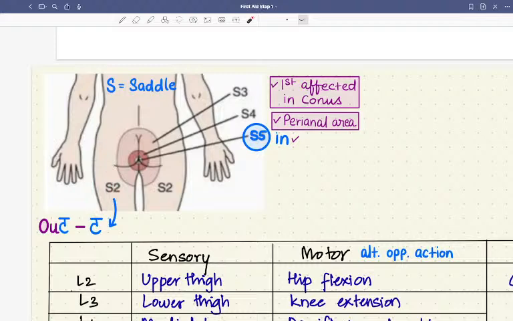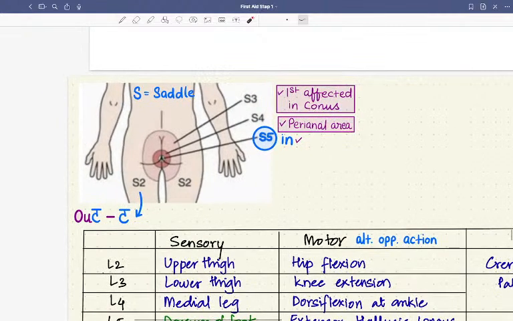Then it goes S2, S3, S4, S5. So innermost is S5. This is first affected in conus, and this is in the perianal region. So very important.